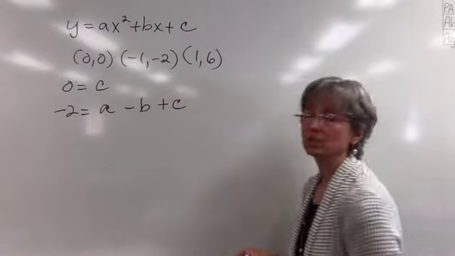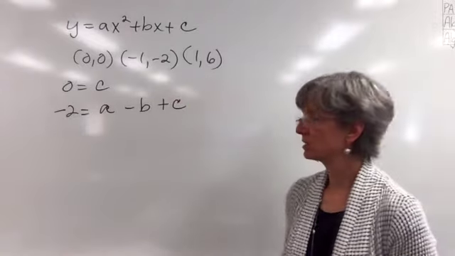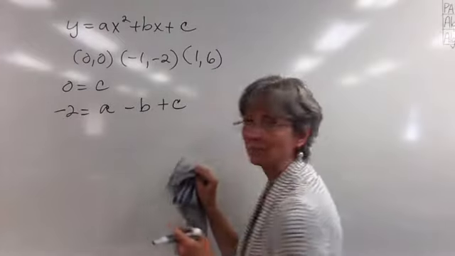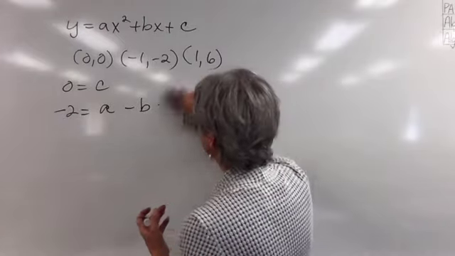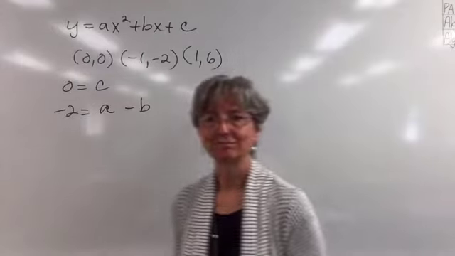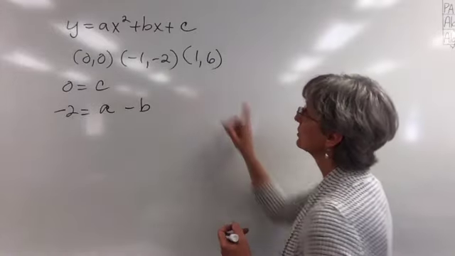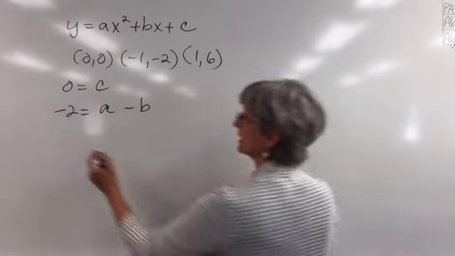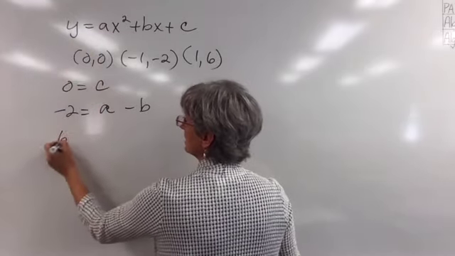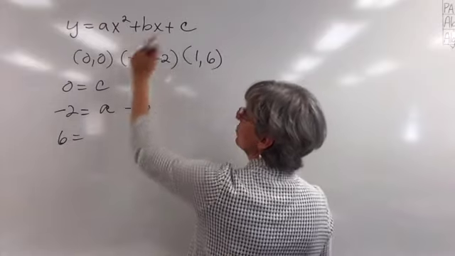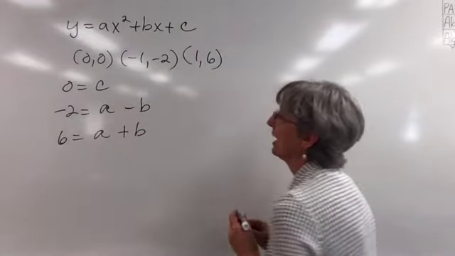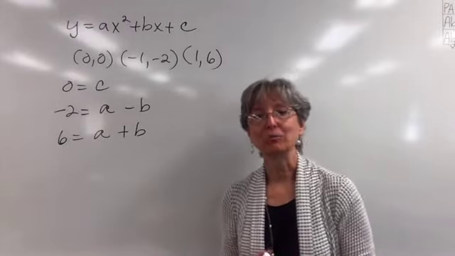And we already know c is 0, so let's just do that. Okay, now let's do the third one. When x is 1, y is 6. So we'll change the y to 6, each of our x's to 1, so it's 1a plus b. And now I need to solve for my a and b.